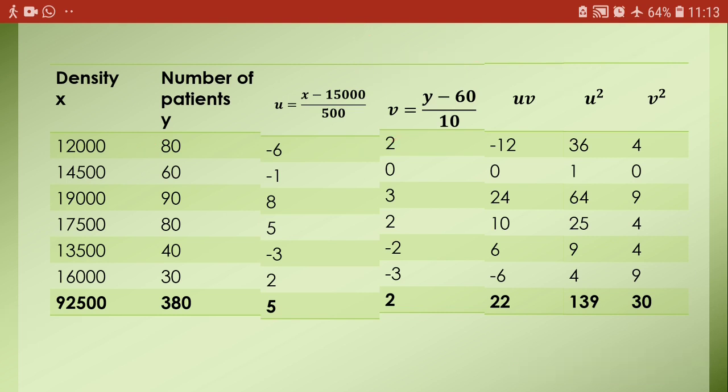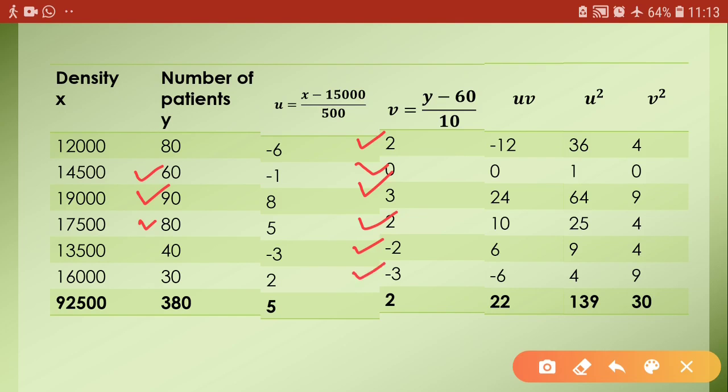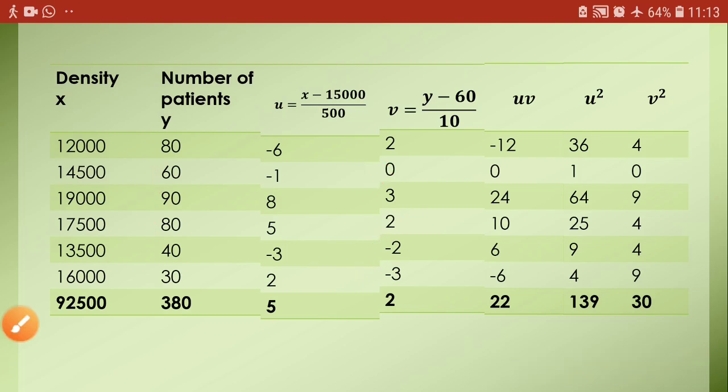Then let's take 60. 60 minus 60 is 0, so the answer is 0. Then 90 minus 60 is 30 upon 10 is 3. 80 minus 60 is 20 upon 10, 2. 40 minus 60, minus 20 upon 10, minus 2. 30 minus 60, minus 30 upon 10, minus 3. So now you know how to find it.